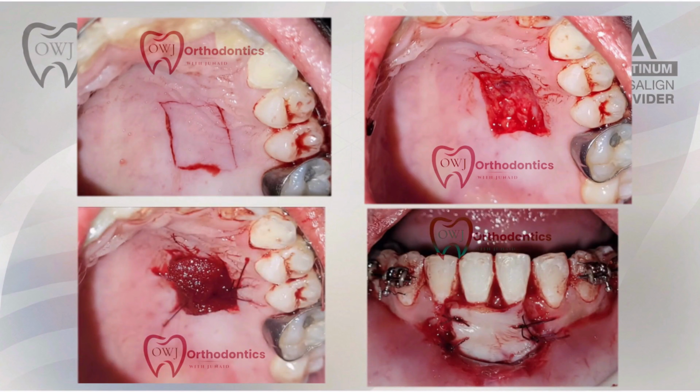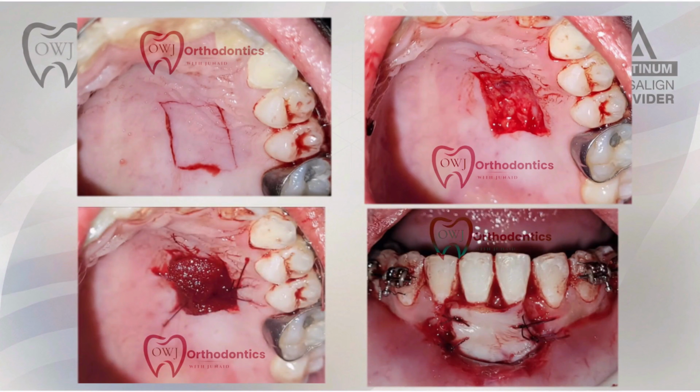We use the masticatory mucosa of the hard palate to get this graft, and we grafted this and harvested this in the lower anterior region. These are the photographs, and this is showing with the suture that we put this graft. No bone, only the graft was put.